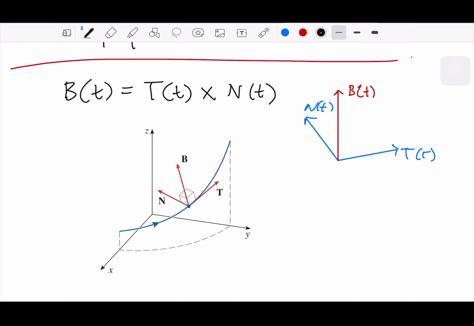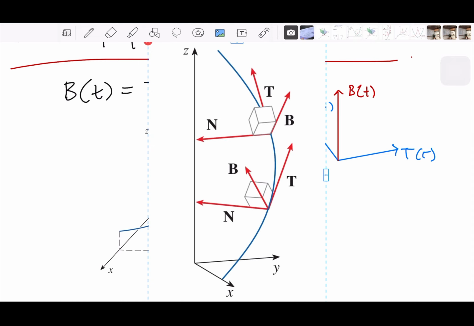So the point can be observed here, here, here, and it goes by following the direction of the unit tangent vector.